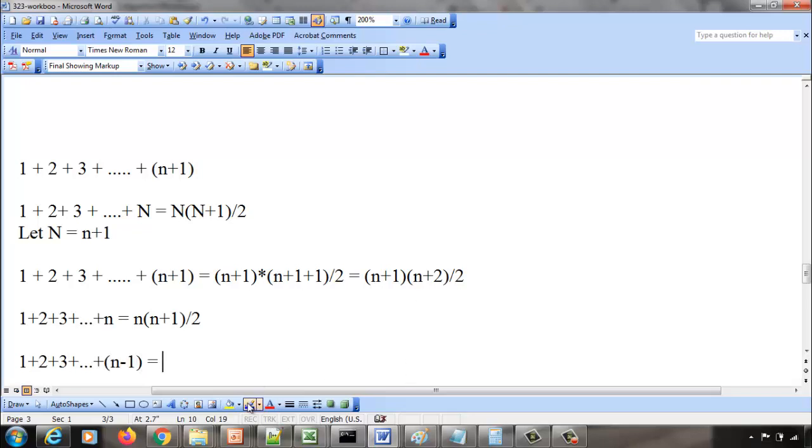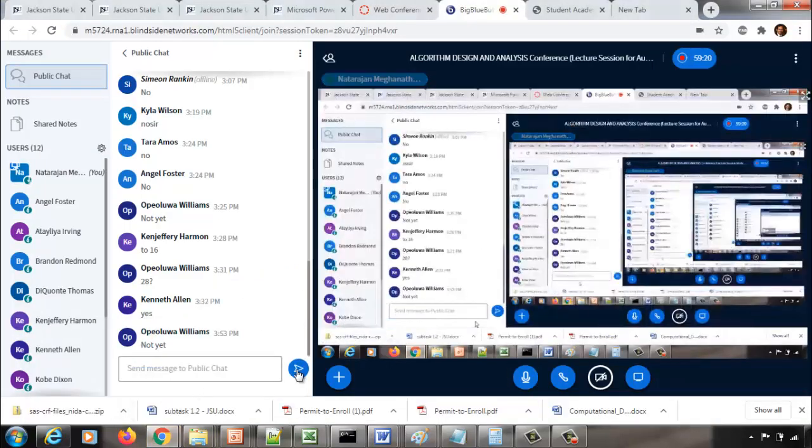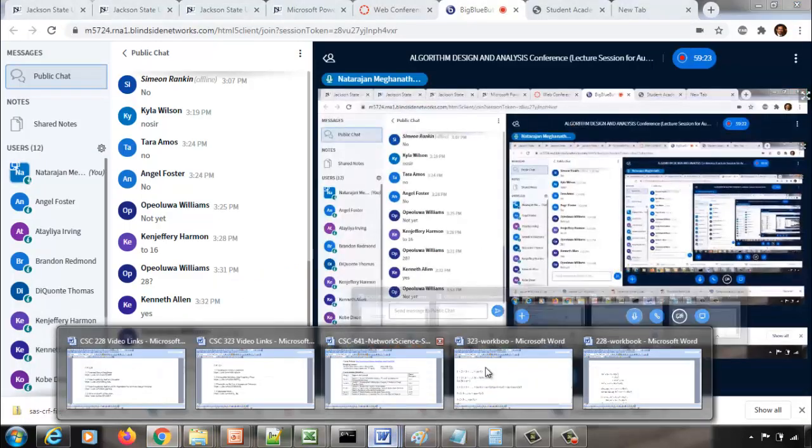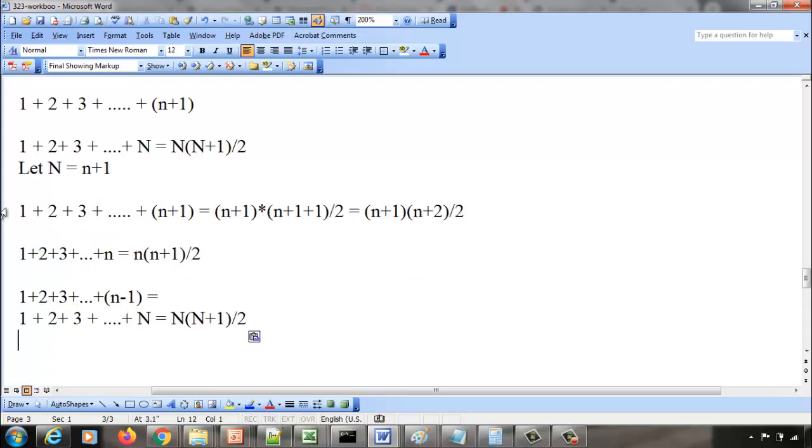Okay. Now if you have 1 plus 2 plus 3 up to n minus 1, what is the answer? Anyone? So again, try to visualize like this, that will be easy to handle. So we know this as our formula. Put uppercase N to be n minus 1 now.